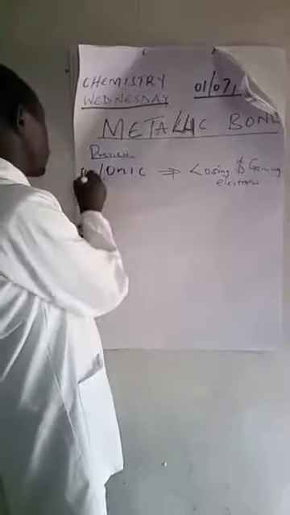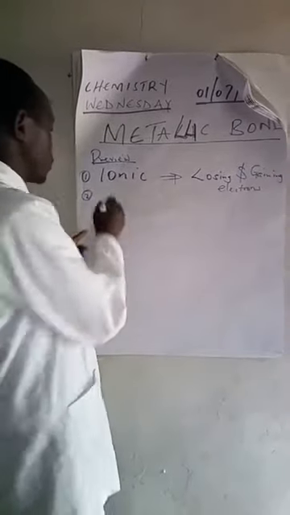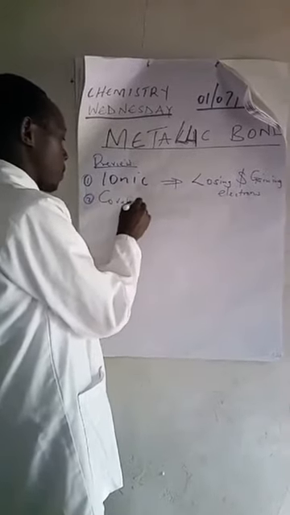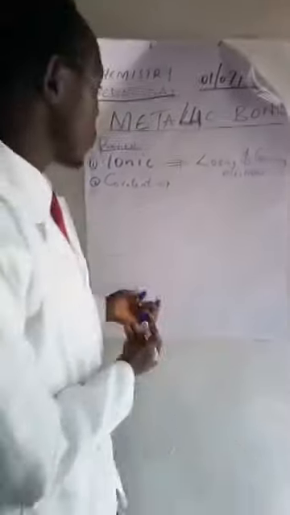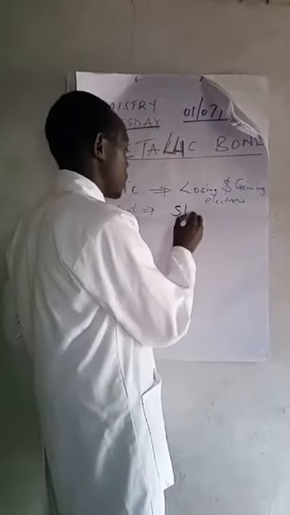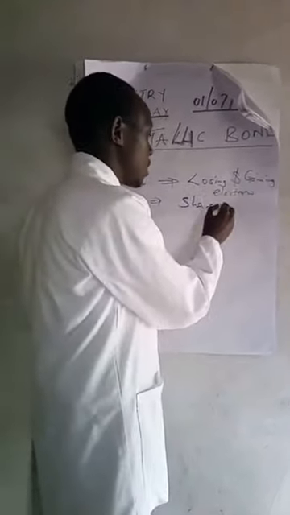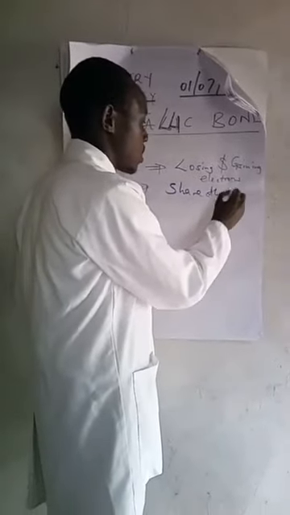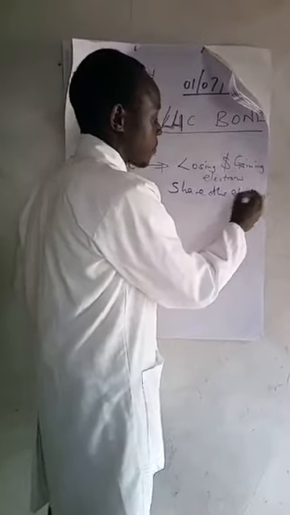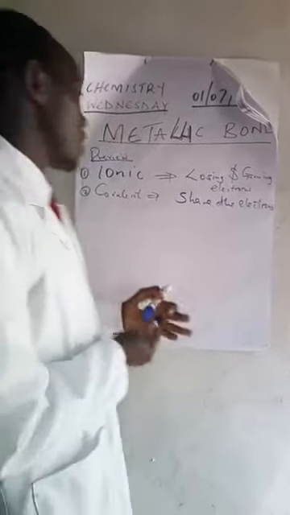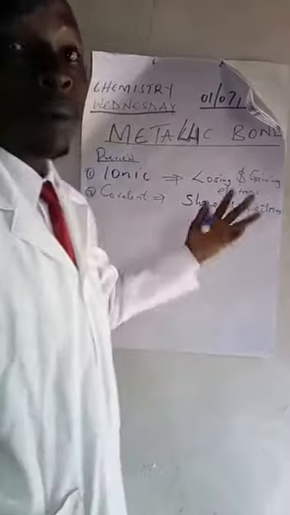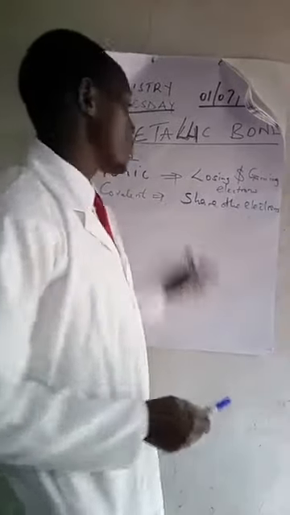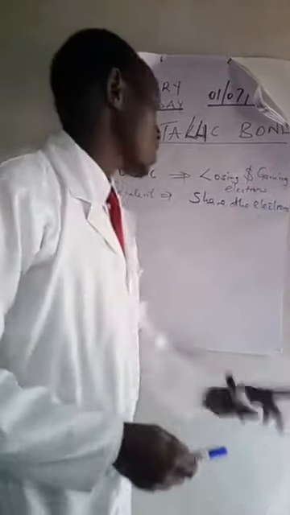The second type of bonding is covalent. Now in covalent bond, none of the atoms lose, but both of them share the electrons. This is where we said we have shared pair of electrons and lone pair of electrons. So the covalent bond involves sharing of the electrons.